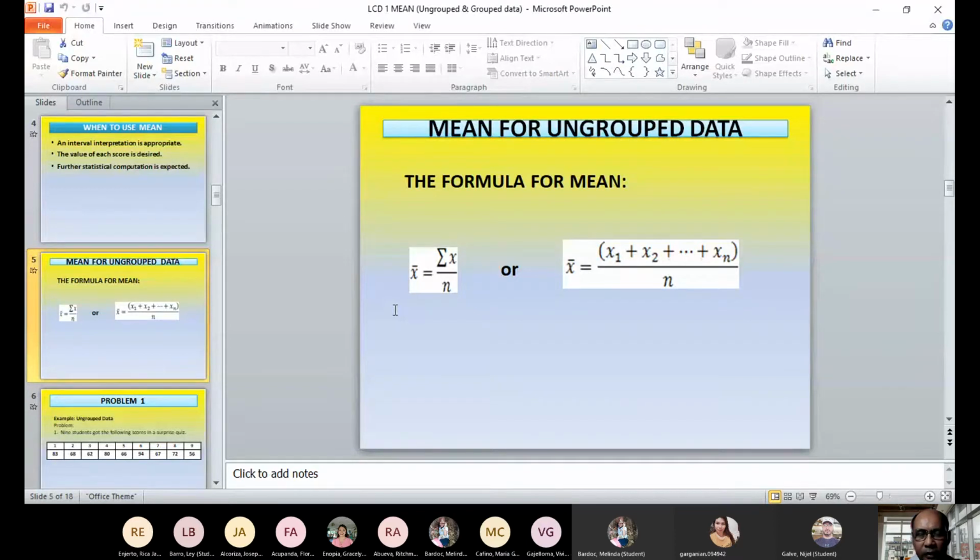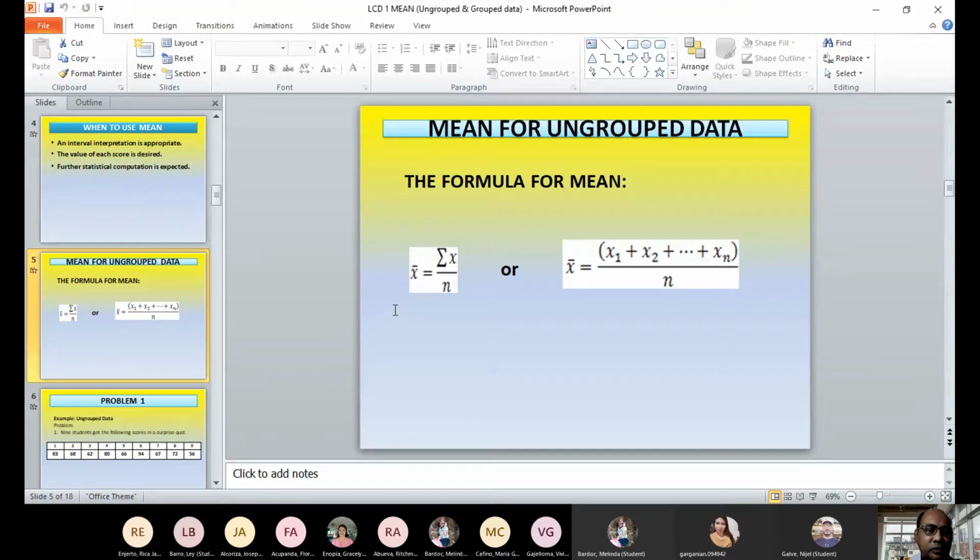So if that is ungrouped data, use the formula to find the mean. Again, ungrouped data means the sample is less than 30 observations or 30 items.